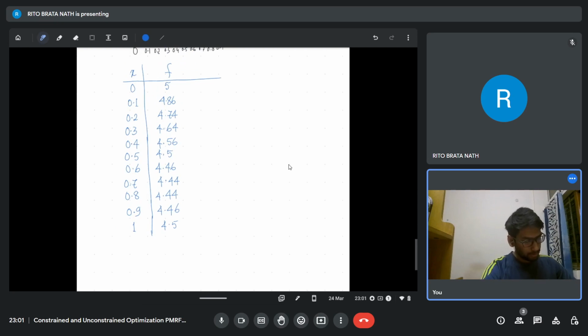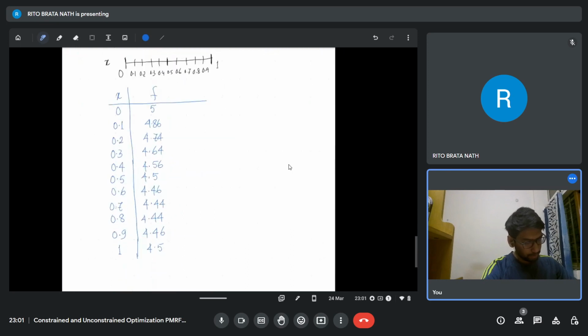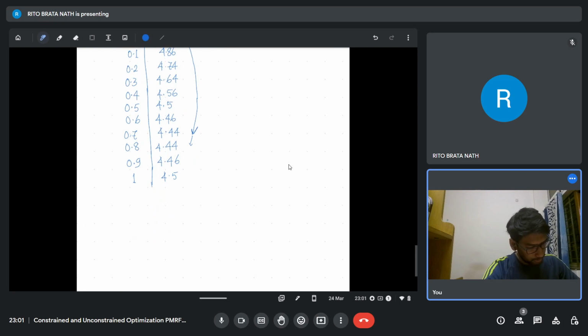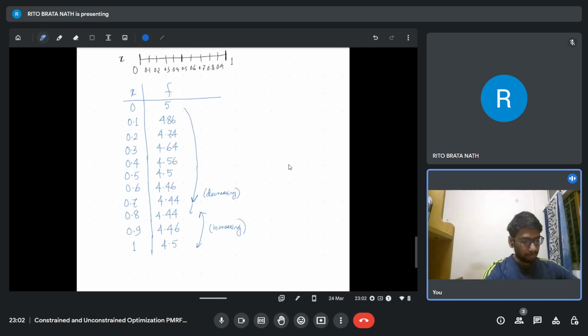You can notice that this function is decreasing till, say, 0.7, and then again at 0.8 it is the same. At 0.9 it is increasing again, so this is the decreasing part and this is the increasing part. As before, we're solving a minimization problem.